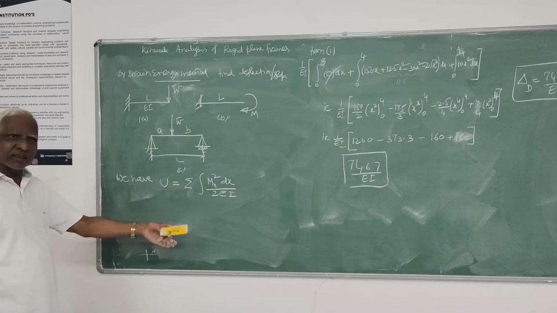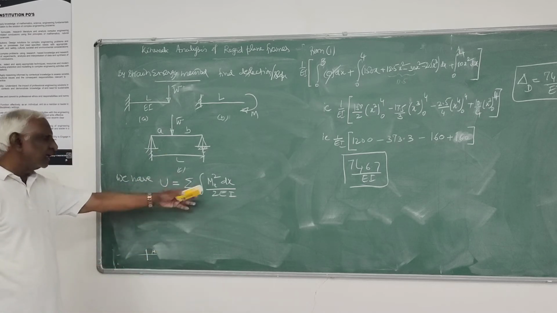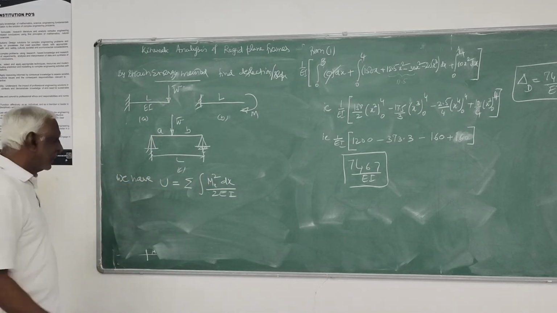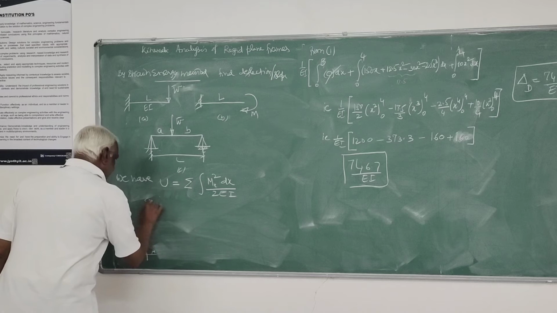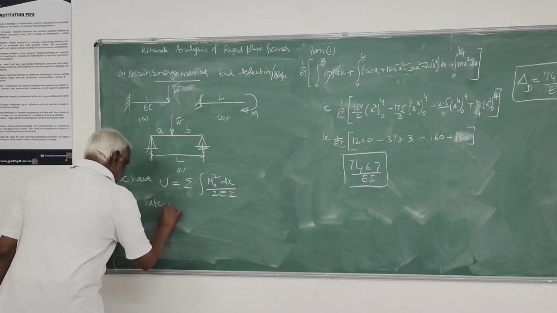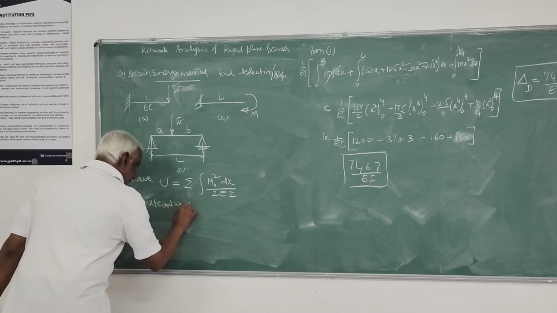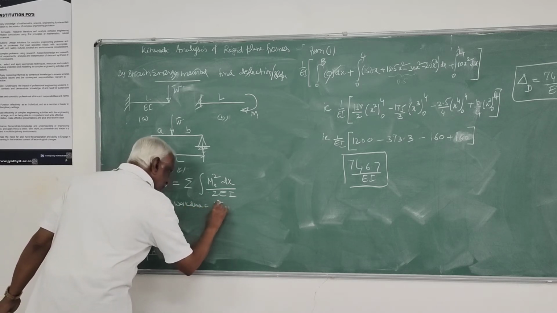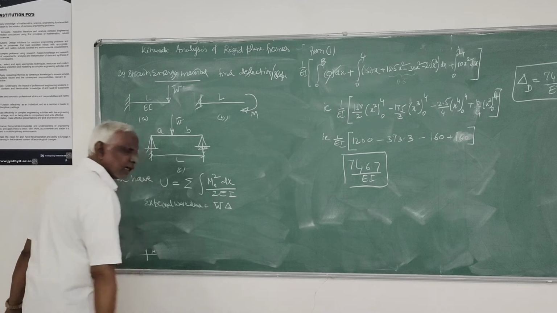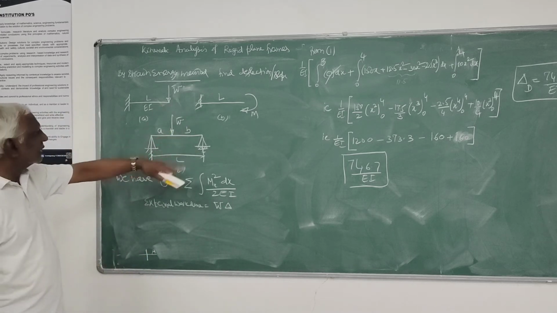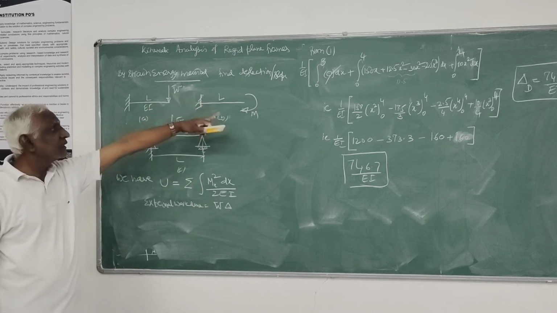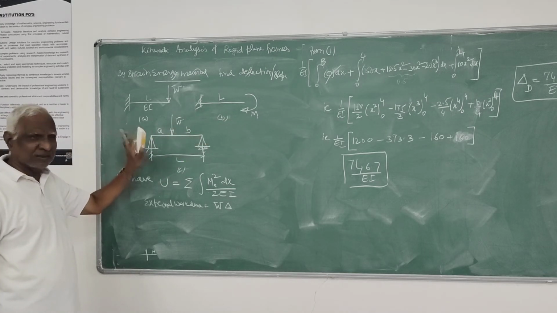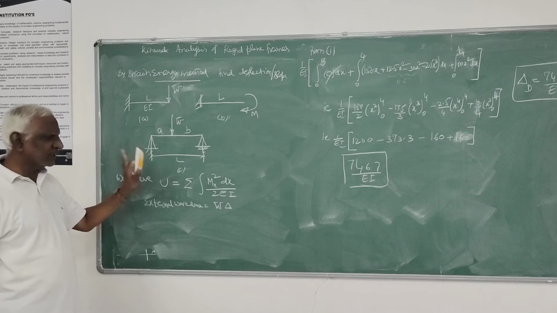In the unit dummy load method, we apply a unit load and evaluate the equations. Here the external work done is W into delta, whatever the load. Here it is W delta, here it is M theta, here it is W delta. That is the actual external work done.